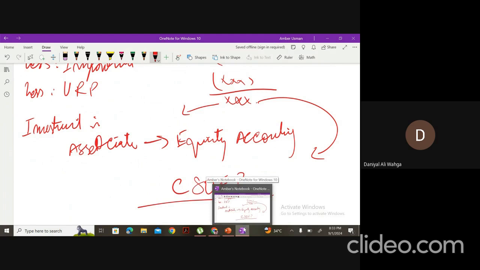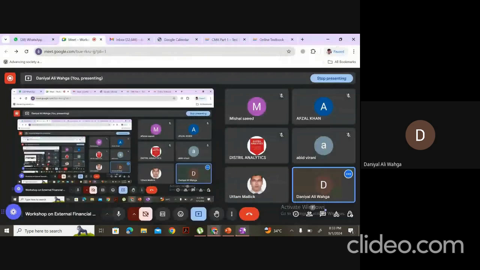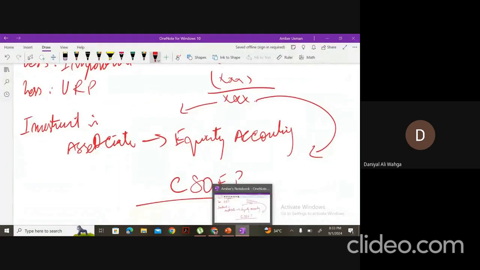Uttam, I would like to add something, just listen to me for a second. One thing the book has not identified here is that the equity method is only used when the acquiring company has a subsidiary. Let's go a little deeper here.